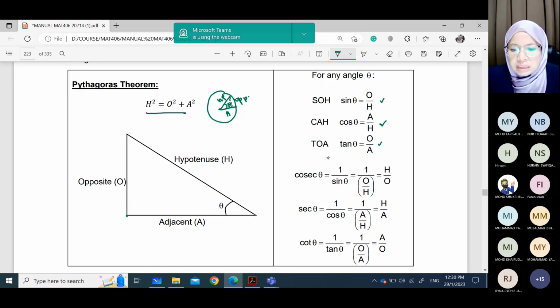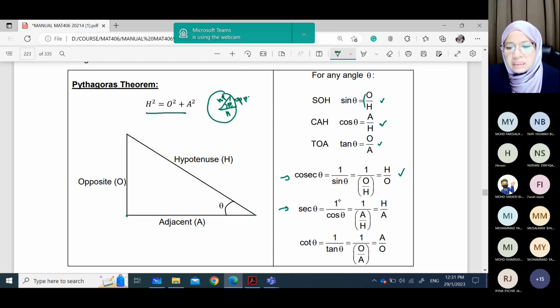Okay. Untuk cosecant, secant and cotangent adalah berasal daripada sine, cosine and tangent. For cosecant is 1 over sine theta. So maknanya kiraan bagi cosecant theta adalah 1 over sine theta. Sine theta is O over H. So kita pemudahkan dan kita dapat H over O, which is hypotenuse divided by opposite. So this one is for cosecant. And next we have secant.